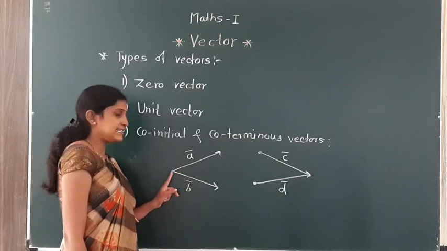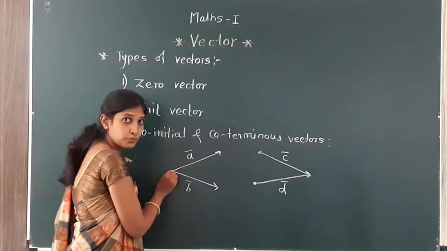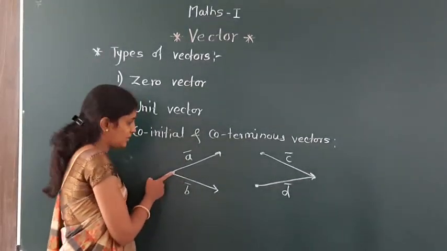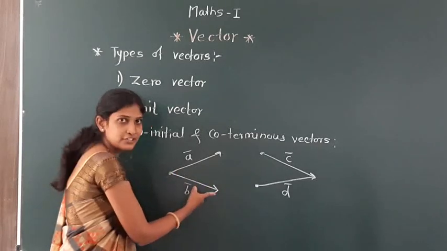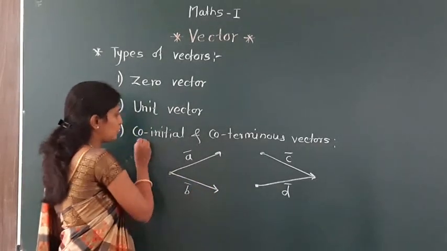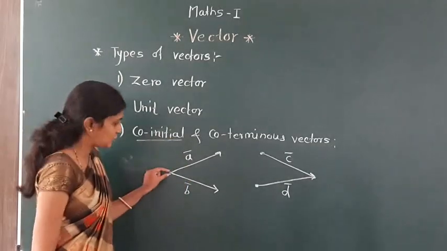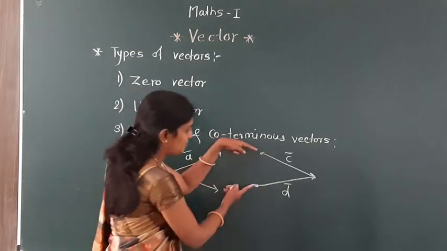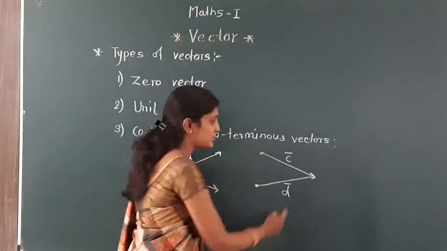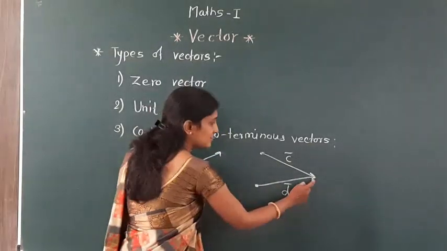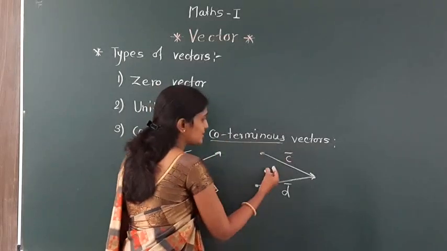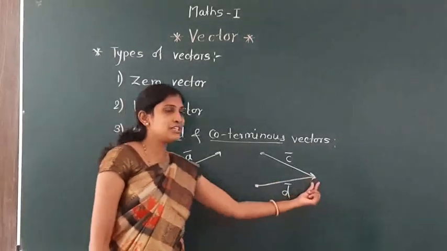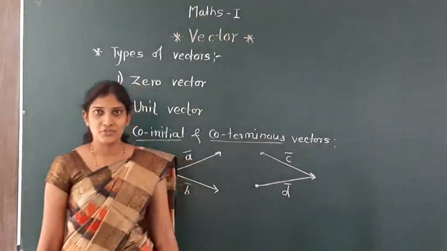Its initial point, we are starting from here, is the same. A bar and b bar have the same initial point, but their terminal points are different. So these two vectors are called co-initial vectors. In this case, the initial points are different, but their terminal points are the same. Then these are called co-terminus vectors. If initial points are same, co-initial. If terminal points are same, then co-terminus vectors.